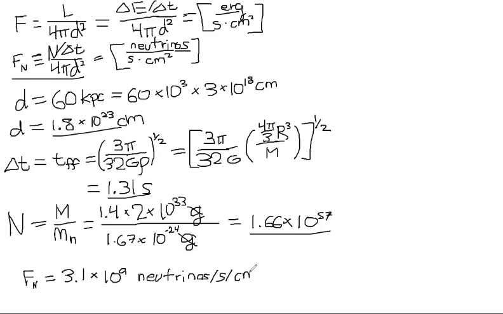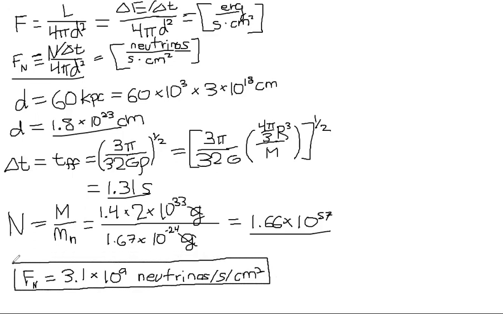A second is a very, very short amount of time, and a square centimeter is a really, really small amount of area. And 3.1 times 10 to the 9 is 3.1 billion. So this supernova went off and traveled a couple dozen light years to reach Earth.